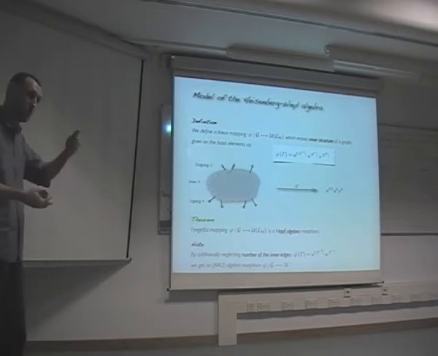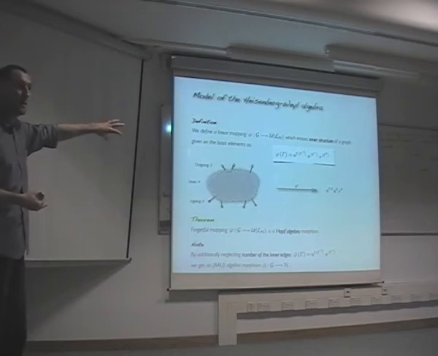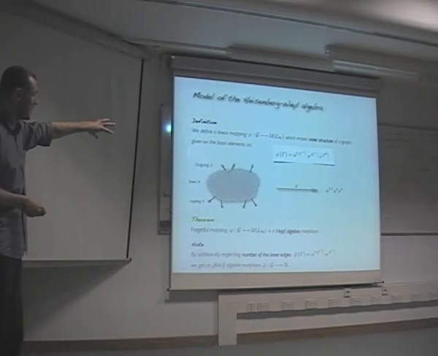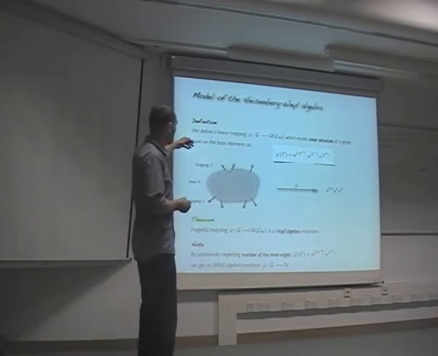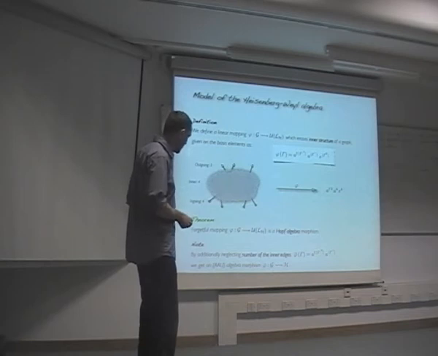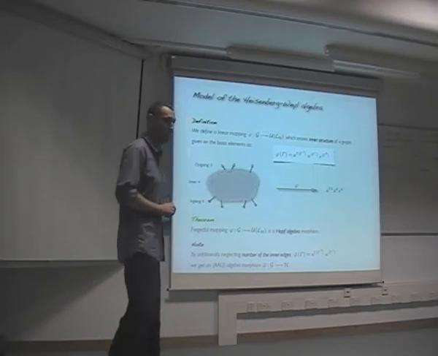I forgot about the inner structure. If I further forget about the number of inner lines, I will end up in the Heisenberg-Weyl algebra here. So this is the definition here. This is how to go from the graphs to the enveloping algebra, and this is how to go from the graphs to the Heisenberg-Weyl algebra.